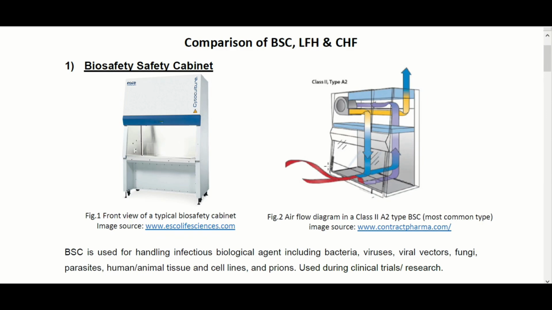After the air enters the cabinet, it goes downwards into the front grill. There's a sucking power here, and then it goes underneath the surface. The purple color is actually underneath the surface, and then it's sucked up into the space above the BSC, and then goes into the HEPA filter, where the harmful particulates are filtered away.